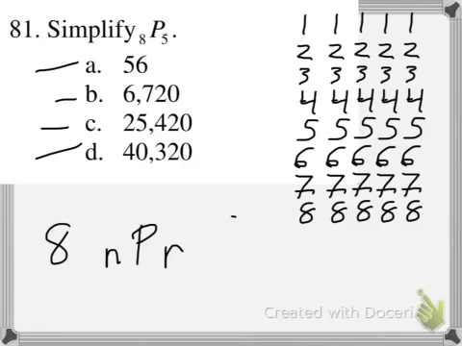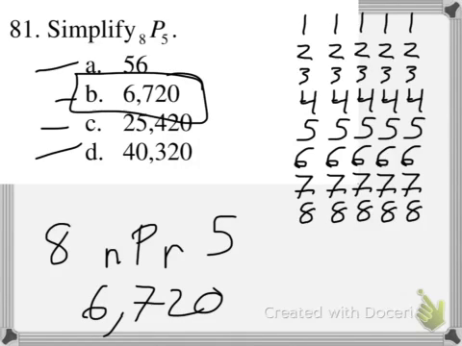And then you press the 5, and then enter. And that gives us 6,720, or B. Okay, so there are 6,720 possible lock combinations for an 8-digit one that has 5 options.